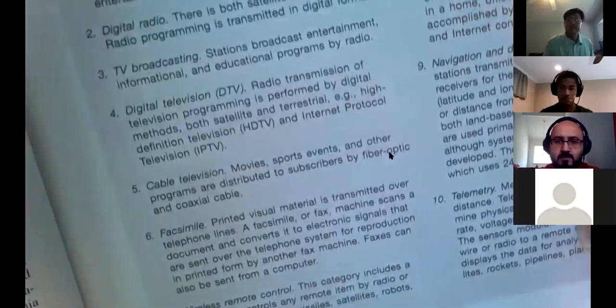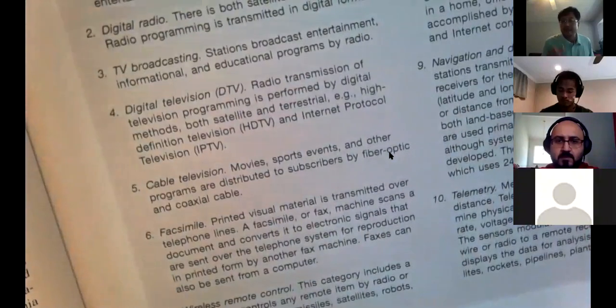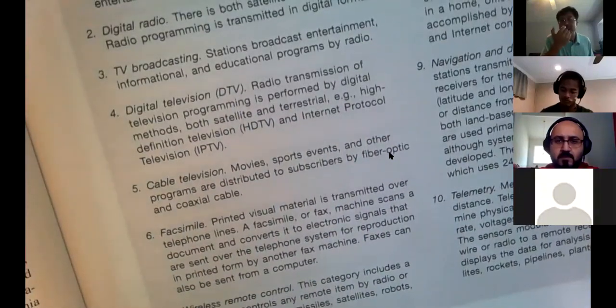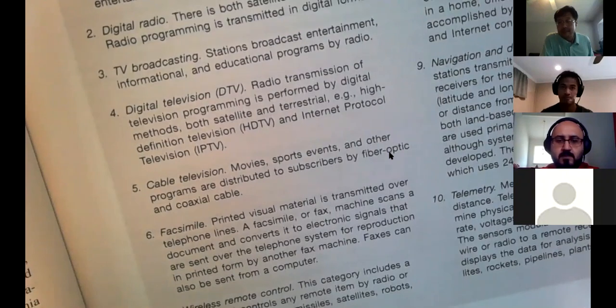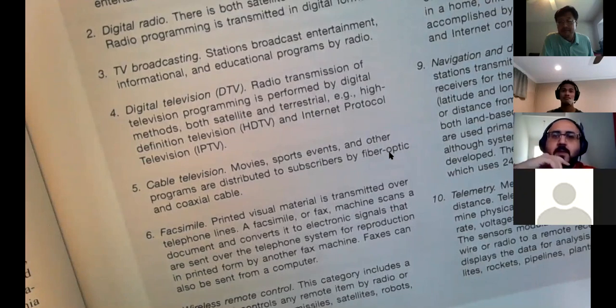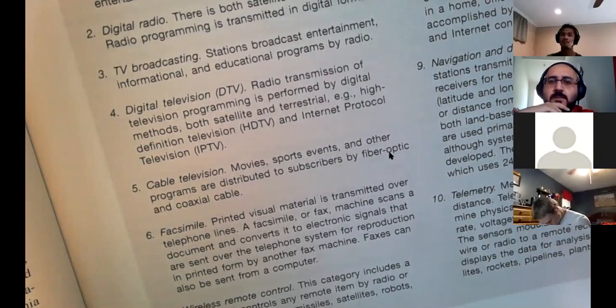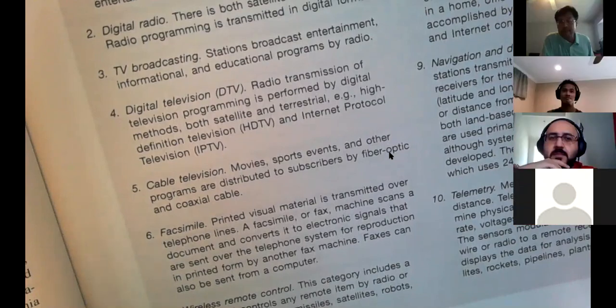Cable television is modulated also. So you have one single cable. How many channels do you have? I don't have cable. If any of you have cable, how many channels do you have? 100? 200? Okay.